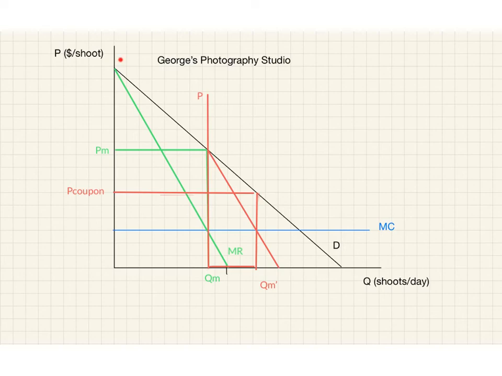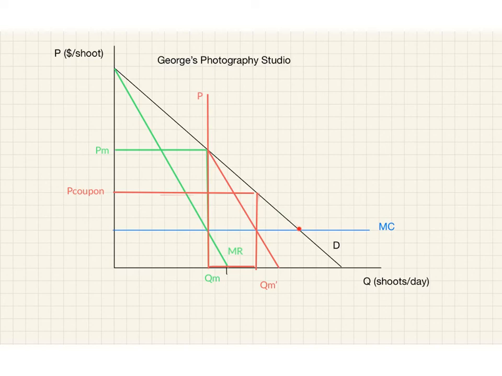But anyway, let's suppose that George can tell the willingness to pay of every single person that walks in the door. Well, then he'd give everybody a price equal to their highest willingness to pay, and he'd serve every single customer. That's actually the efficient quantity, where everybody that values a photo shoot at a price greater than or equal to the marginal cost of providing it gets a photo shoot.